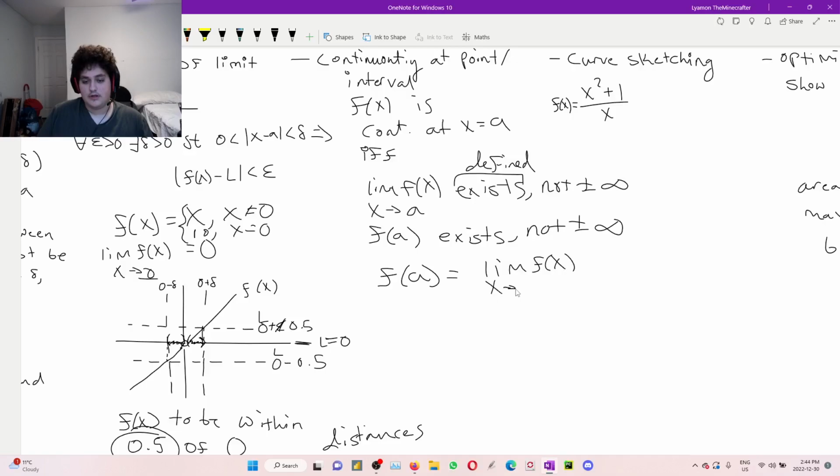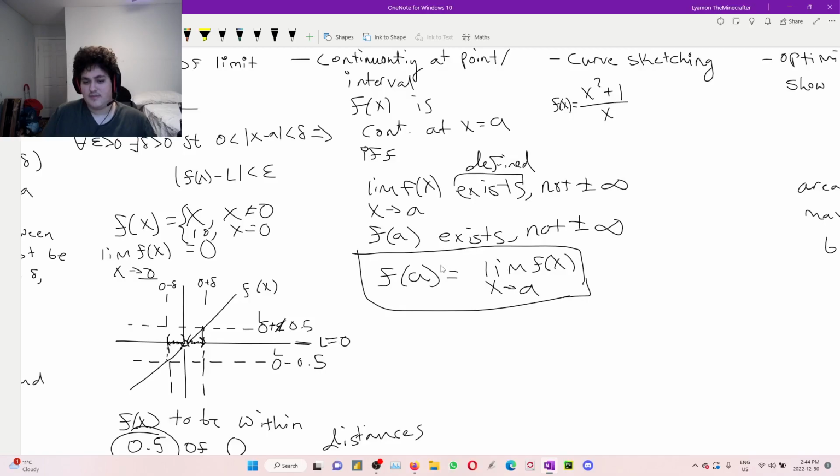So this is the main thing, because for this equation to even make sense, f of a has to exist, and the limit of f of x as x approaches a has to exist. It's impossible for a function to actually be equal to infinity. So for this to be true, f of a can't be infinity.